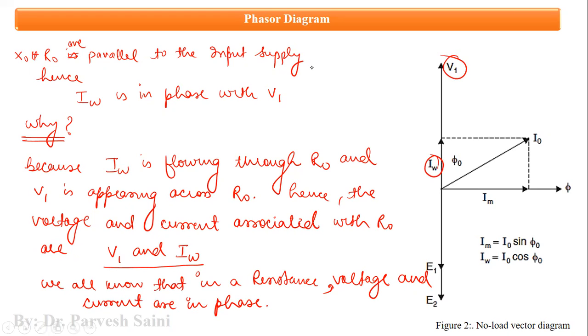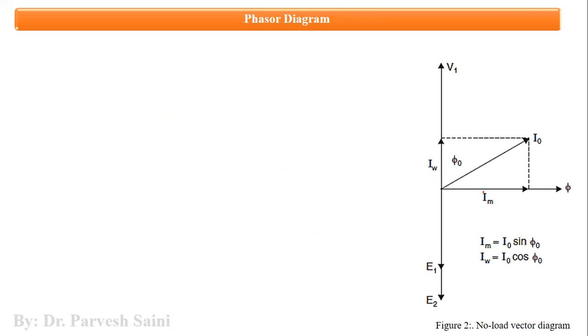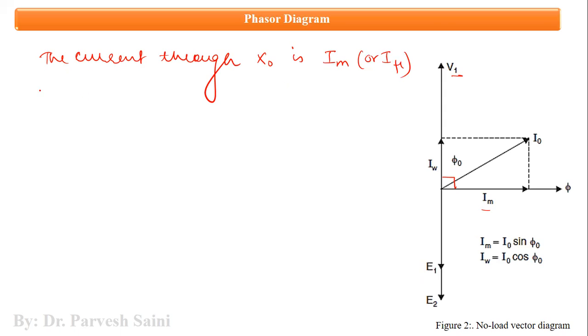Now, if we see, you can see here that Im is 90 degrees lagging the voltage V1. Why? The current through X naught is Im or I mu, and the voltage across X naught is V1.